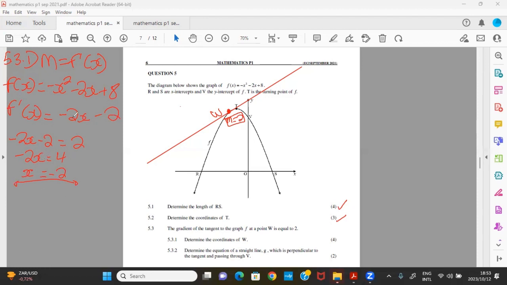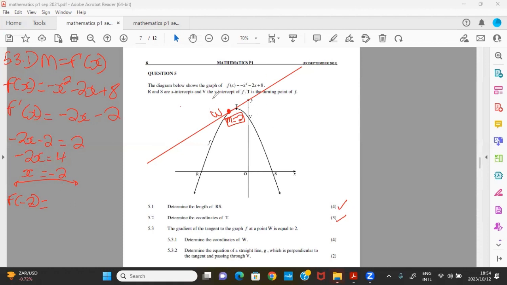And then to get my y coordinate, I will just substitute back into my formula for f, because it's an intersection. This point W will be on my tangent and my parabola.